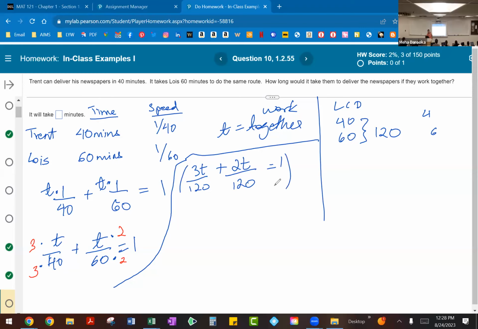So that would end up giving us 3t plus 2t, because on the left hand side the 120s cancel out, and then 1 times 120. All right, solve this. What do you get for your t value?